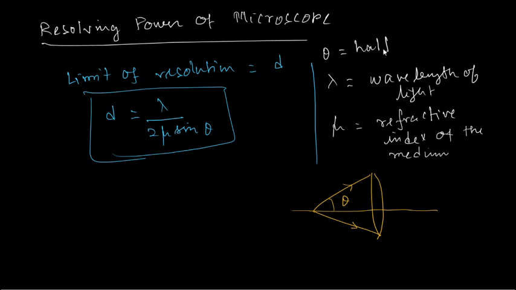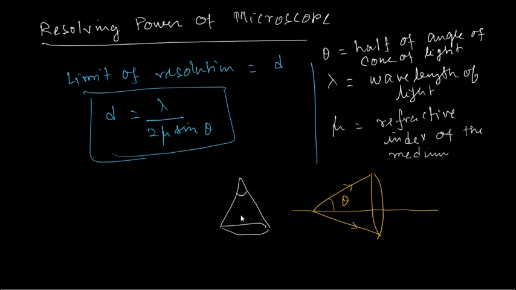The full angle is 2 theta, and this is half of the cone angle. Let me draw a cone like this. This is the angle of the cone, and this is 2 theta, and half of it means theta. That is why it is half of the angle of the cone of light.